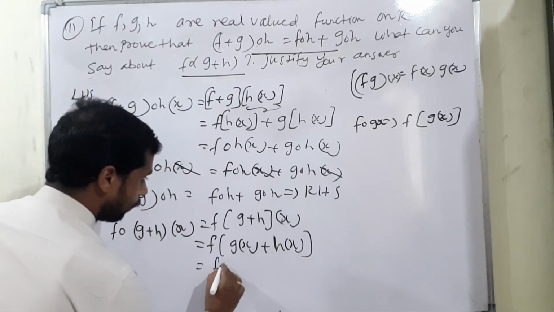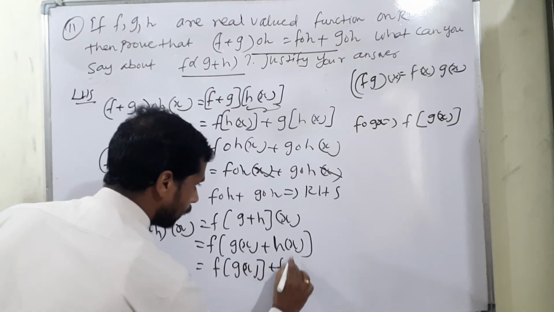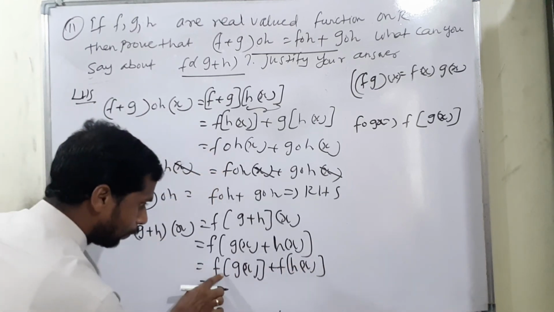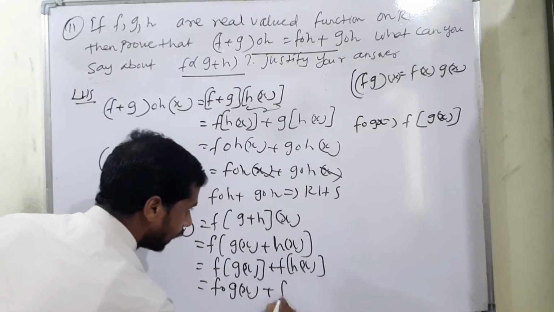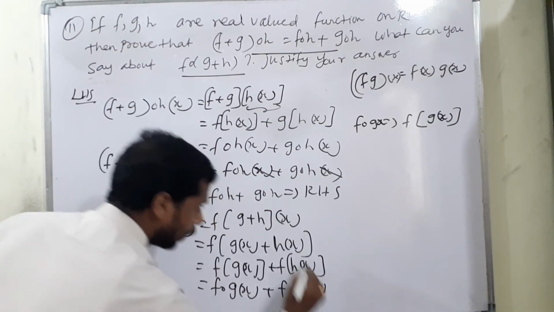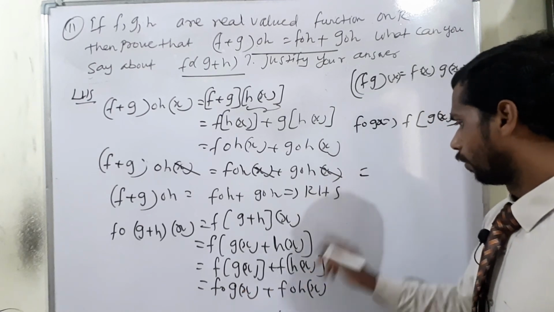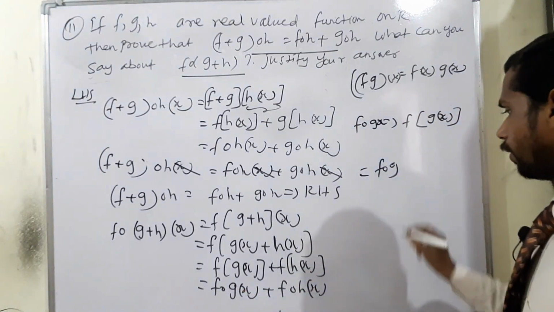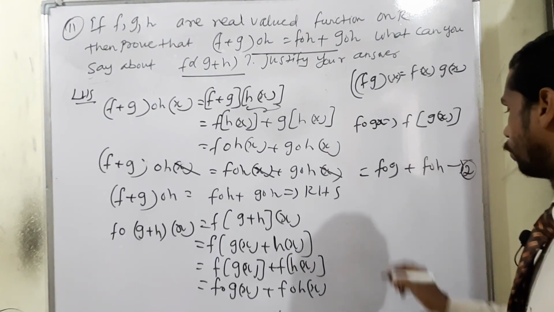Again f of g of x, then plus f of h of x. Again if you remove the bracket, we can write now f dot g of x, again f dot h of x. Therefore, f dot g we can write now, except x, what is the term? f dot g plus f dot h. This is condition number 2.